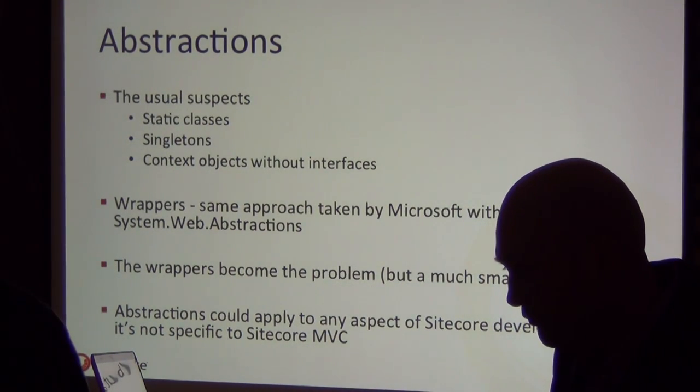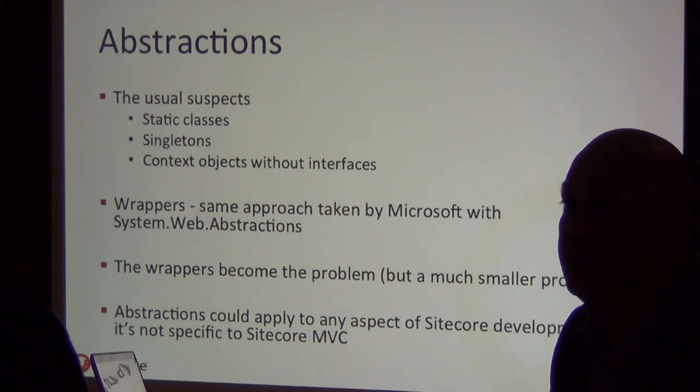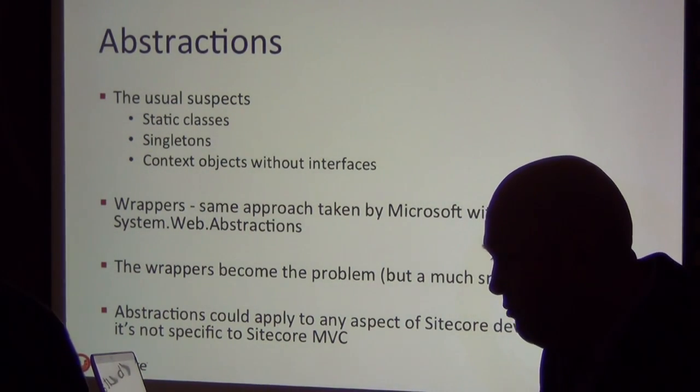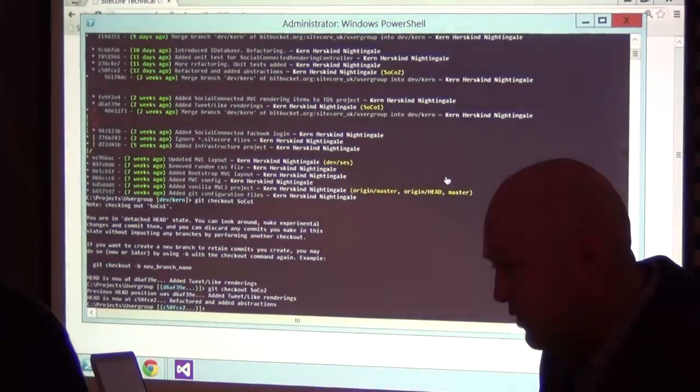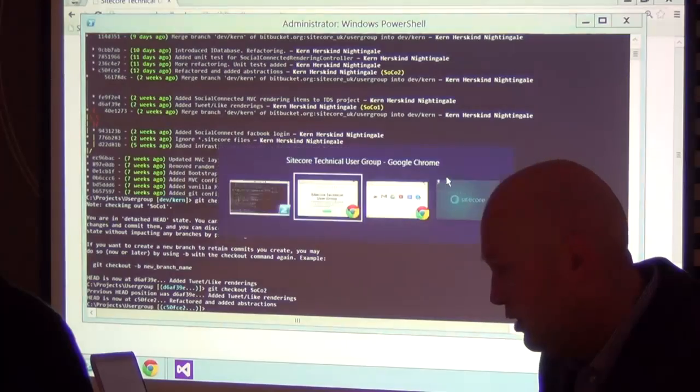Also, just to clarify, these abstractions are not specific to Sitecore MVC. It's a generic thing. I just want to show you a couple of examples of what I did.